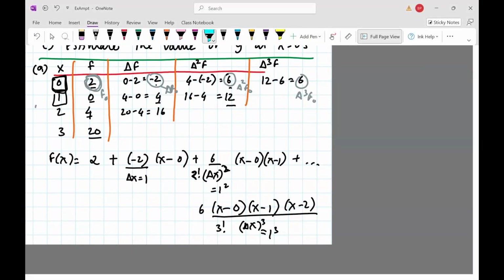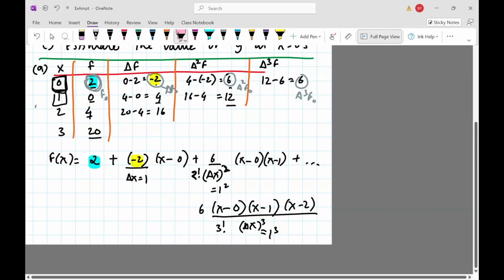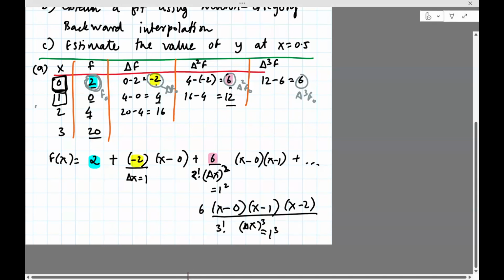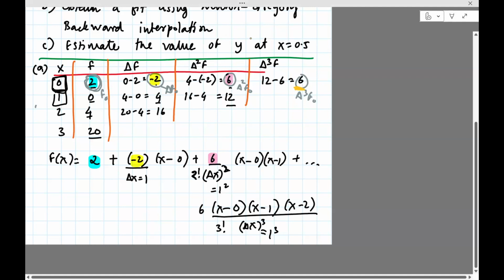Okay, so to summarize, this 2 came from here, this minus 2 came from here, this 6 came from here, and then what is left over, this 6 went over here. So you really don't need the formula, right? It's just sitting right there.